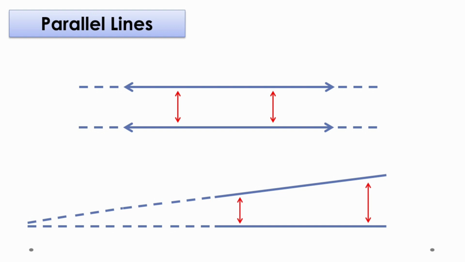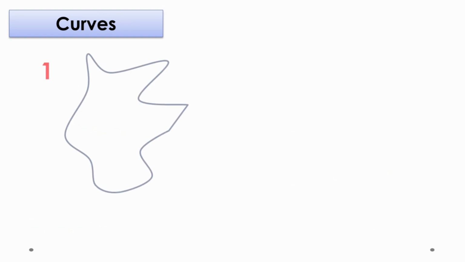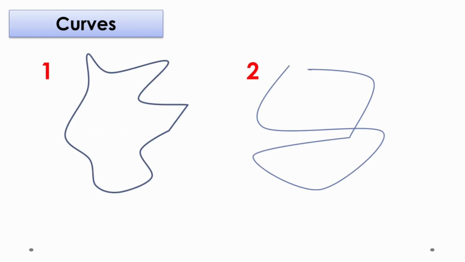After lines, let's move on to curves. If we keep a pencil on a paper and doodle without lifting it, it will result in a curve. Let's have a look at two curves here. Both of these are curves but have one distinct difference. In the first one, the line does not cross anywhere, while in the second, it crosses at a point.